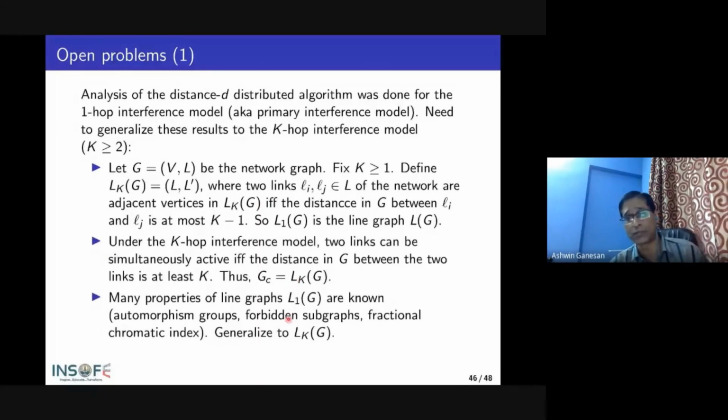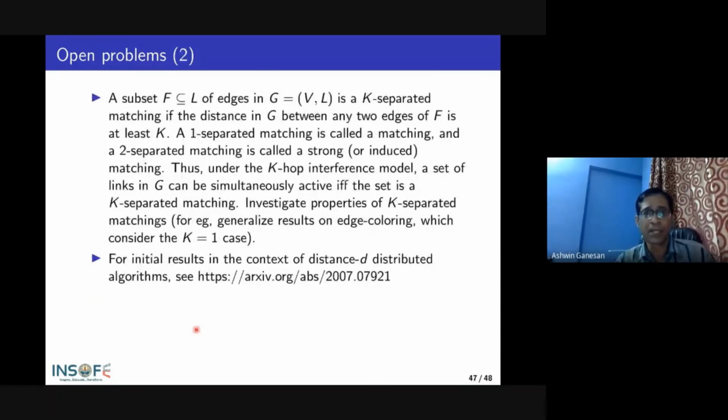Maybe you can show that not all graphs can be L2 of G graphs, right? Not all graphs can be obtained in this manner. So I'm sure there exist graphs which are not L2 of G for any G. Okay, and so whatever results are known in the theory of line graphs could be generalized.